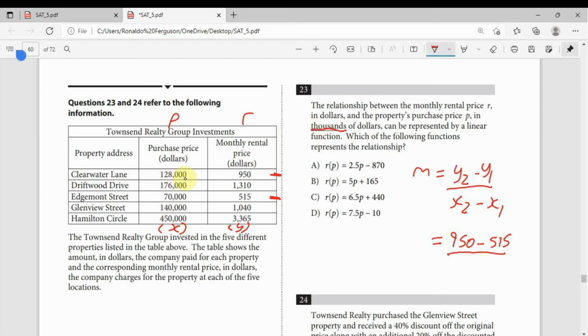So the 128,000 is just 128, and the 70,000 is just minus 70. Put that in a calculator, and whichever gradient you get would be the answer.